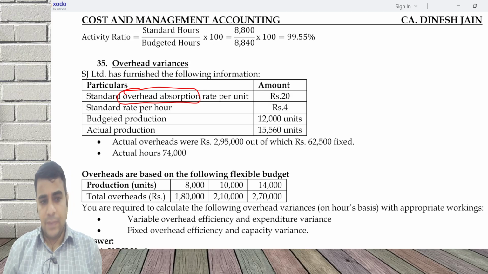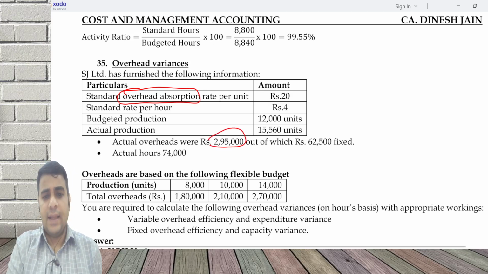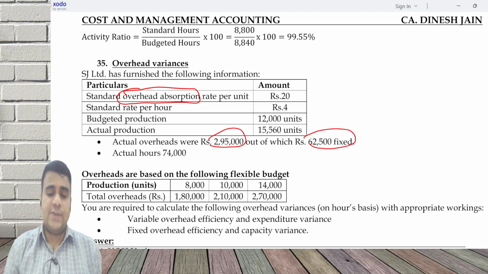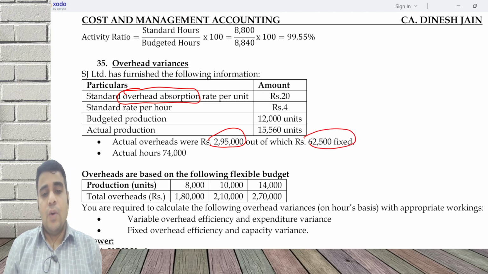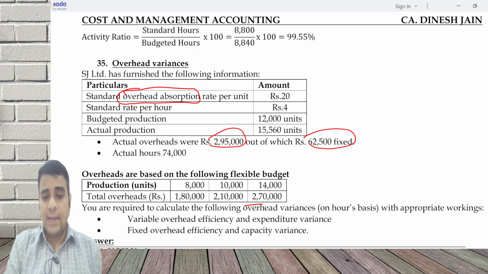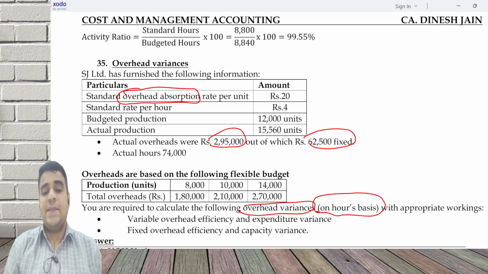Budgeted production, actual production. Actual overheads were 2 lakh 95, in which 62,500 is fixed. Actual hours. Overheads are based on the following flexible budget. You are required to calculate the overhead variance on hours basis.